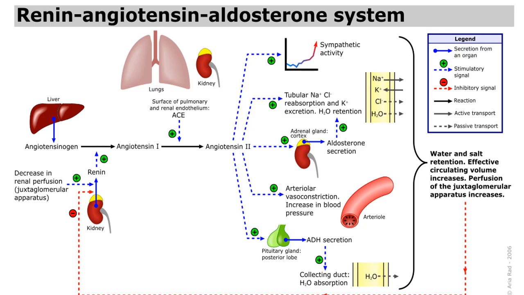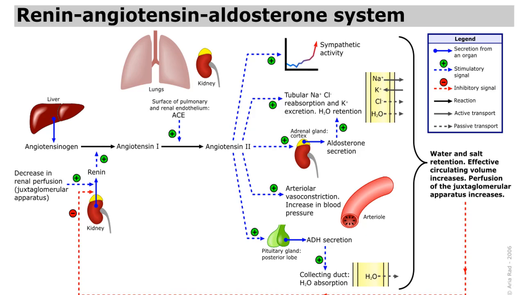First, angiotensin 2 can activate and stimulate the sympathetic system, and also angiotensin 2 in the kidney can increase tubular sodium and chloride reabsorption and potassium excretion, and finally water retention is seen.